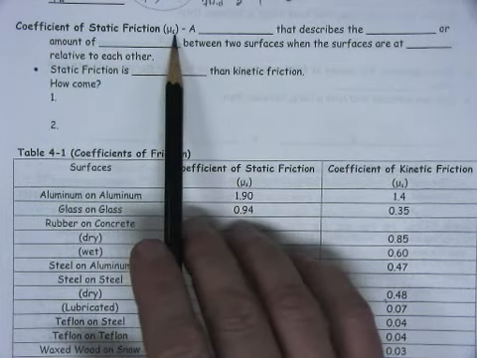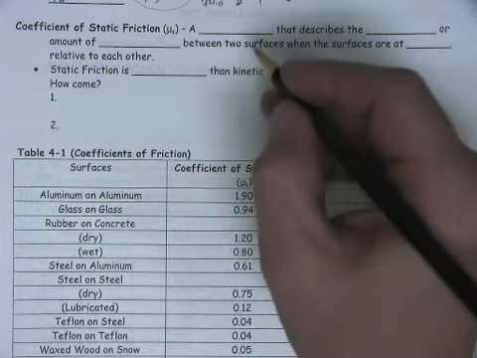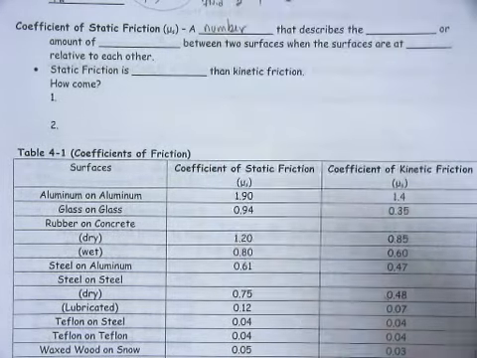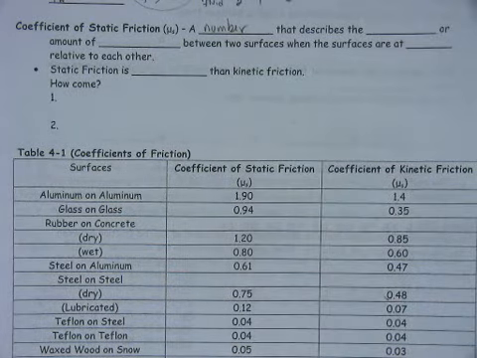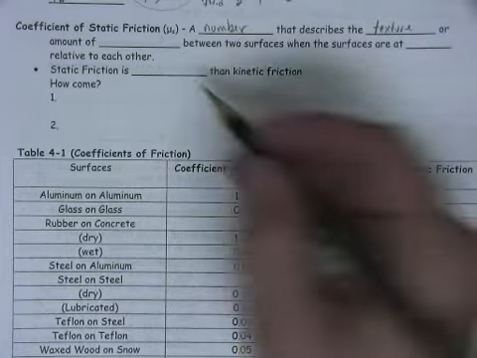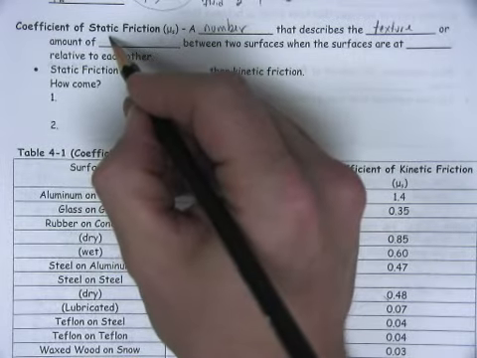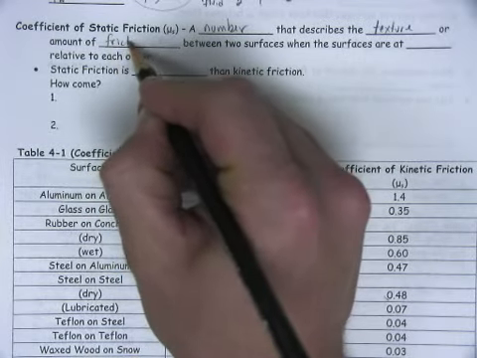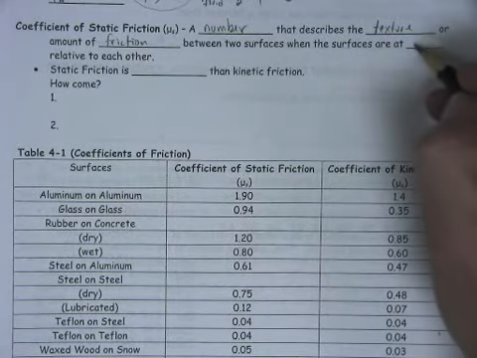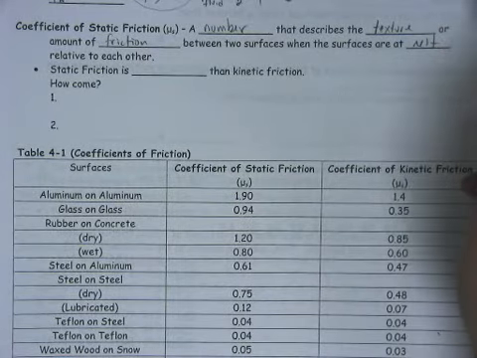Notice that we put an S right in there. So this is a number that describes the texture, so it's the same idea, or amount of friction between two surfaces when the surfaces are at rest relative to each other.